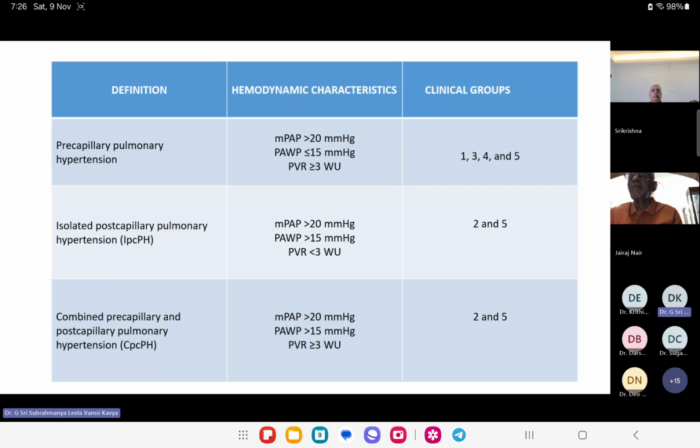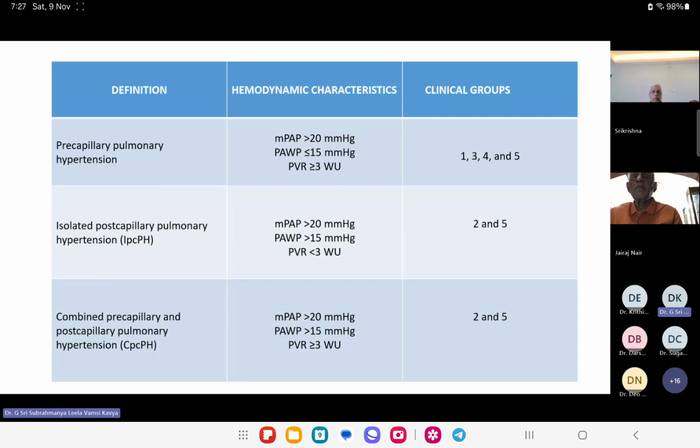So in precapillary pulmonary hypertension, the mean pulmonary artery pressures are more than 20 mmHg, wedge pressures are less than or equal to 15 mmHg, and pulmonary vascular resistance is greater than or equal to 3 Wood units. It includes clinical groups 1, 3, 4, and 5.